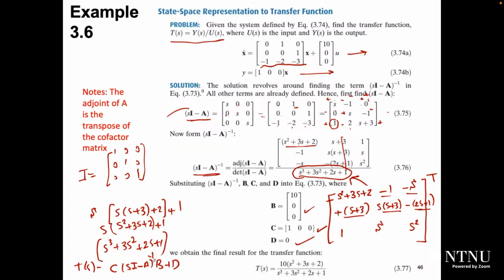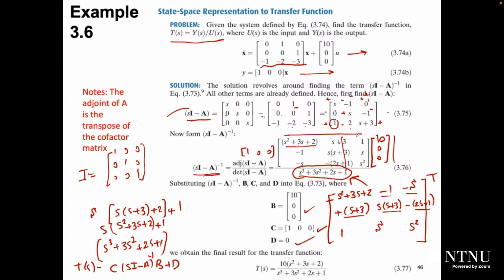We need to multiply it by B from the right side and by C from the other side. So I will write B here, which is 10, 0, 0, correct? And from that side, I need to write C, which is 1, 0, 0, correct? So when you multiply this row by this column, this one will be 0, this one will be 0. So we'll have only 10 multiplied by that part, correct?